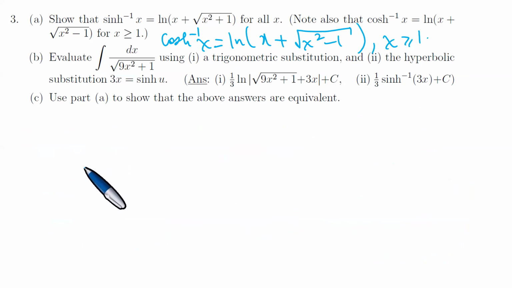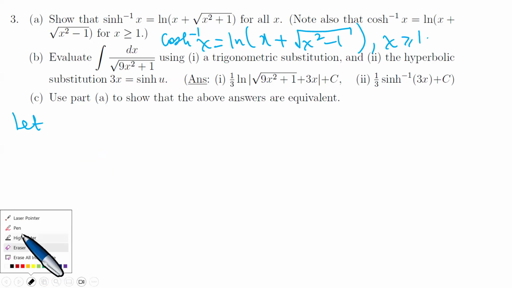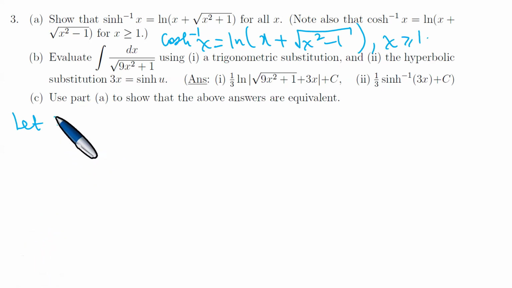Okay, so now we need to prove this. And to prove that arc cosh is that one, the arc hyperbolic cosine, we can let the arc hyperbolic cosh be y.